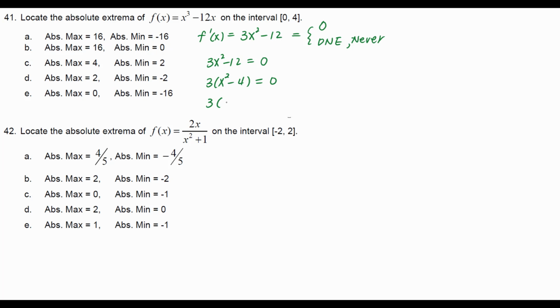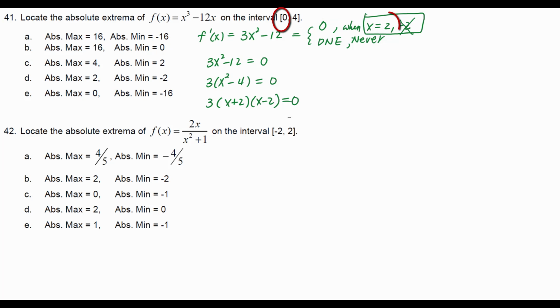This factors further as 3 times x plus 2 times x minus 2 equals 0. So f prime of x is 0 when x is equal to 2 or negative 2, and you found your two critical numbers. However, negative 2 is not in the interval 0 to 4, so you can disregard it.